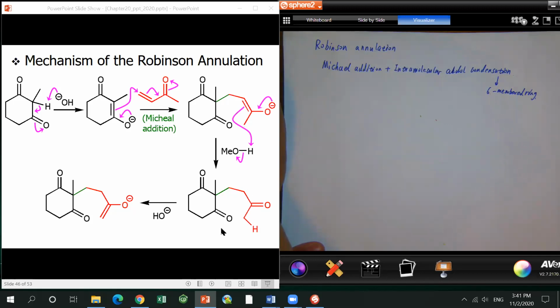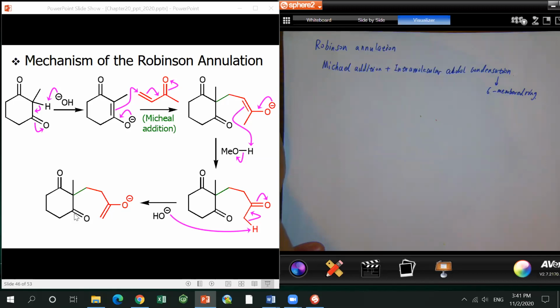For this one, the original alpha beta unsaturated ketone also has alpha hydrogens, and those can be deprotonated by the base. You generate the enolate here.